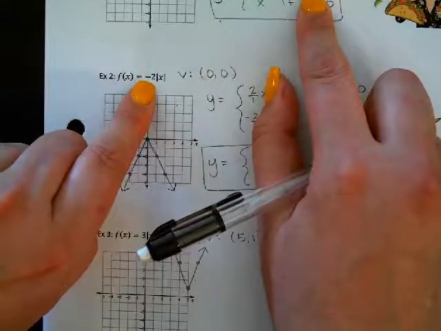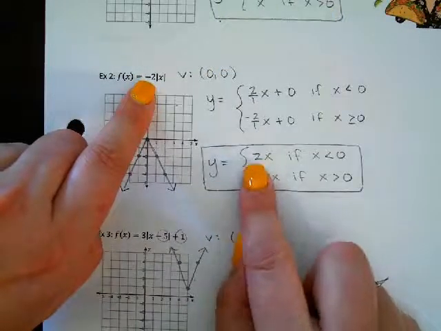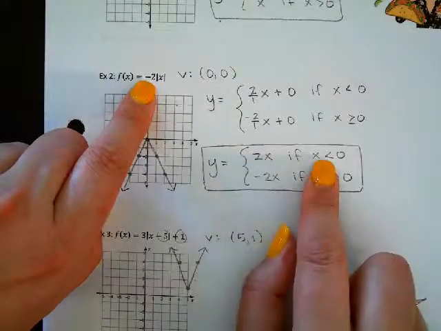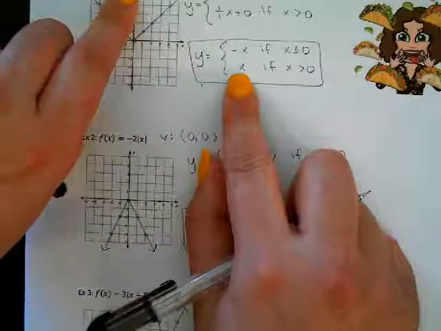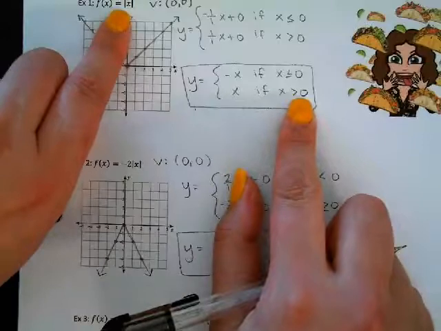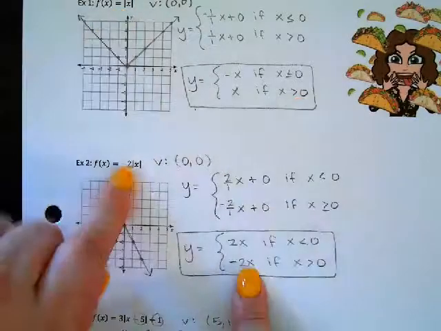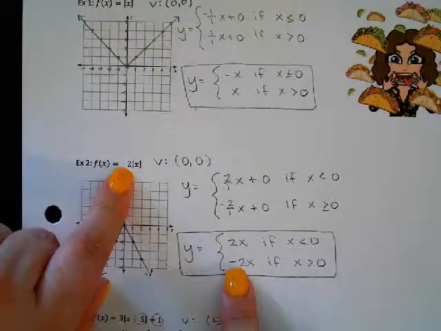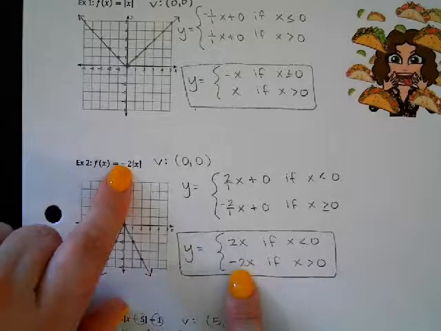And then the positive version goes with the right arrow. Even though this original problem was negative, that's technically the positive version because I didn't change the sign. So the positive version goes with the right arrow.